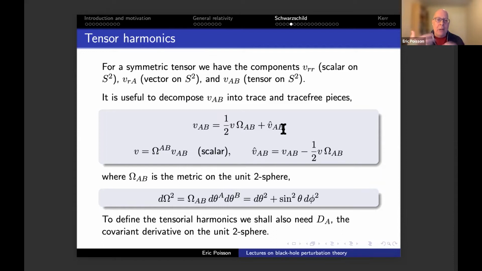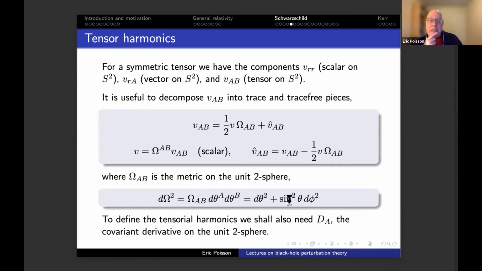Typically we talk about irreducible pieces and things that transform accordingly under the representations of the rotation group. There's a whole mathematical language that goes into that, but no need to get bogged down with details like this.